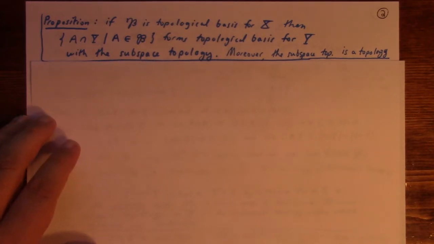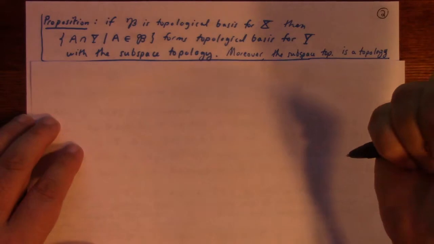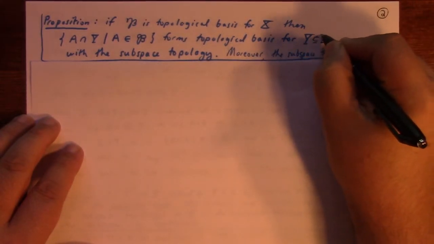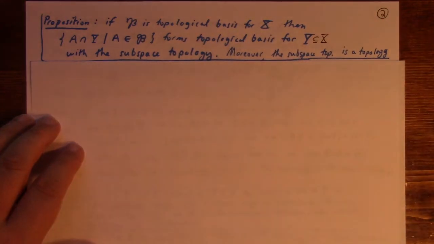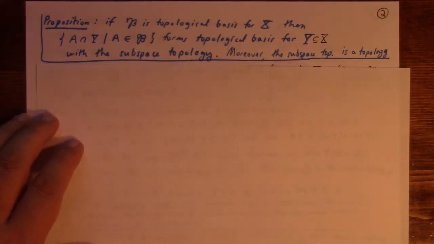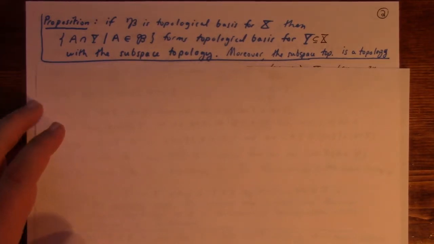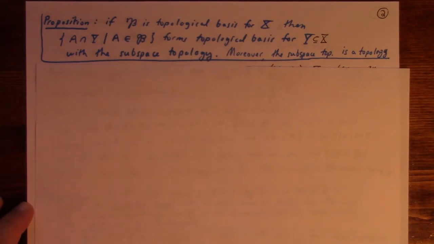We're again assuming here that Y is a subset of X, right? Otherwise, this whole thing is kind of silly. Not only does it form a topological basis for Y, in fact the topology which is then generated is the subspace topology. And so that proves, of course, that the subspace topology is in fact a topology.